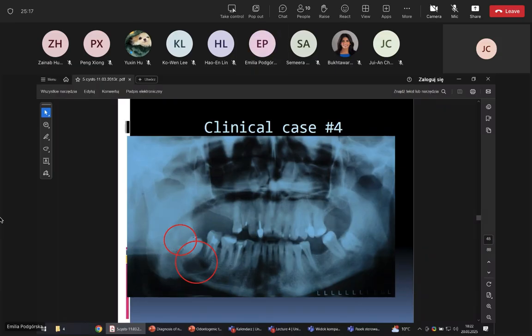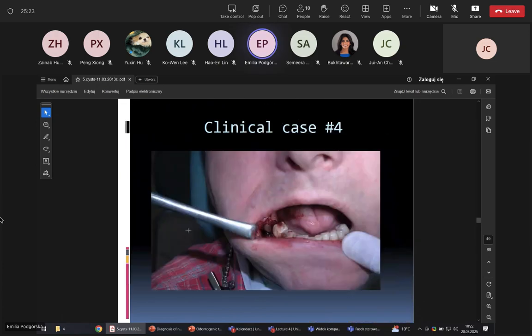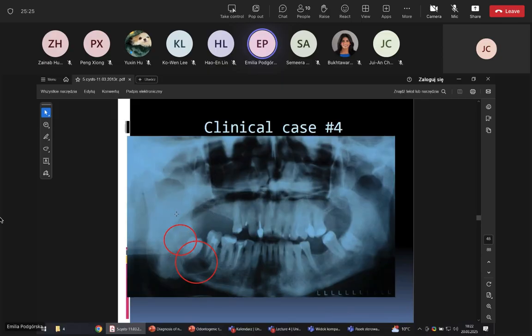Here we have a big dentigerous cyst in this location, and here we have mixed pathological results. We can say, is it the dentigerous or also periapical?